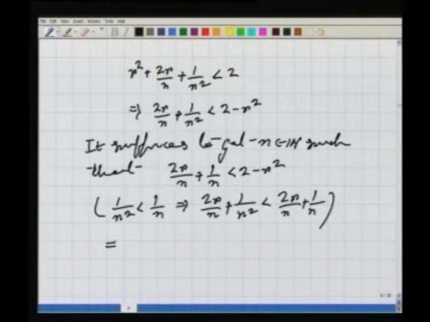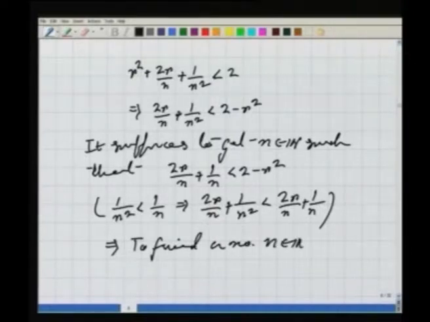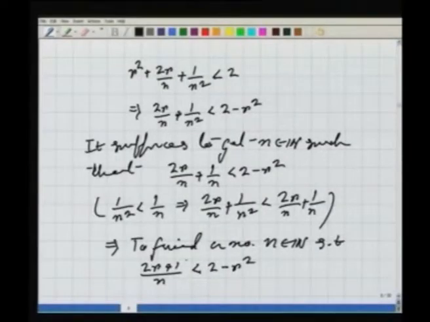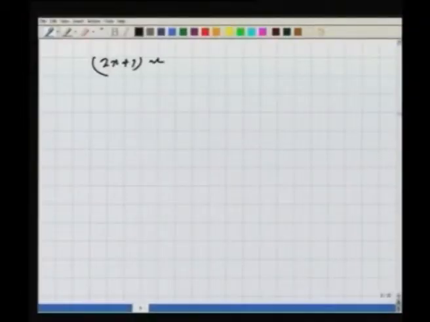So, that is good enough. That means I have to find a natural number n such that (2r plus 1)/n is strictly less than 2 minus r squared. Well, then I say the proof is intuitively clear, because 2r plus 1 is rational.